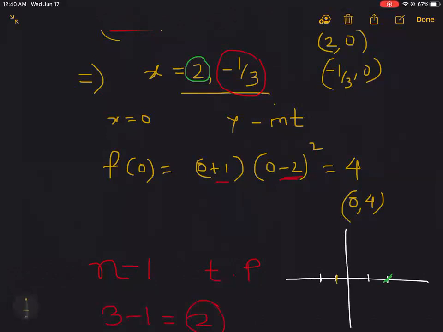This is not a precise graph because it's not graph paper, but it will resemble what it actually looks like. So those are our x-intercepts. I also know I have a y-intercept somewhere here. Let's say that's my 0, 4. I also know I'll have 2 turning points.